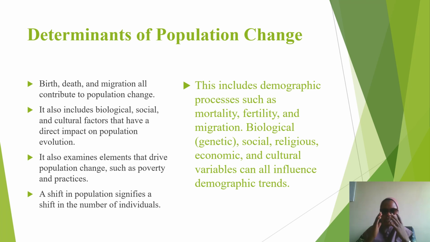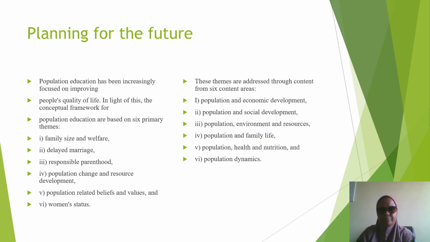We can see what religion has done to a lot of people in Nigeria. Look at Boko Haram. Boko Haram has brought about serious deaths and mishaps in Nigeria, and they are claiming to be Islamic states. So religion, economic, and cultural variables can influence demographic trends.